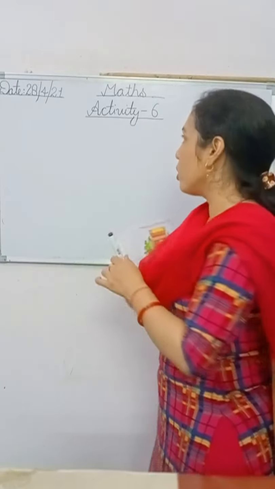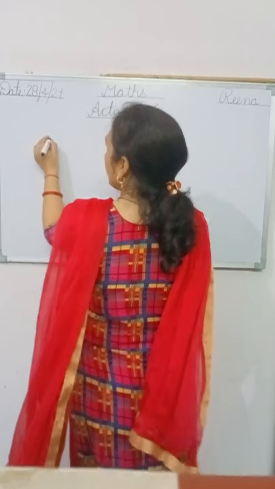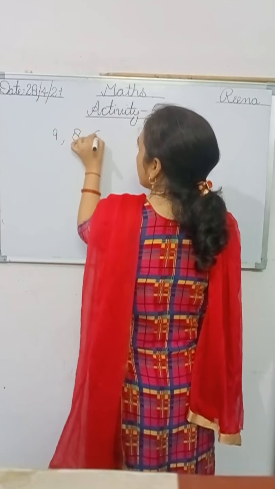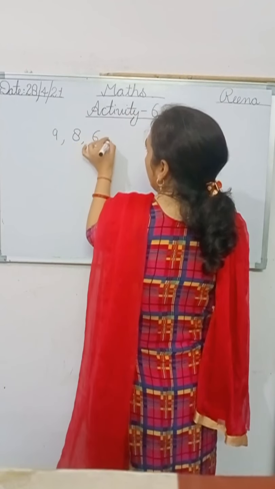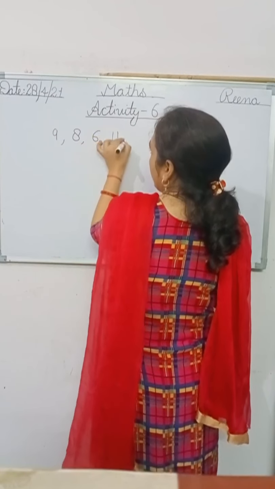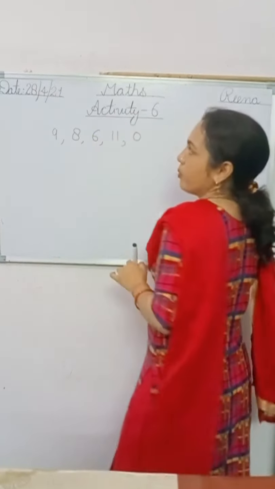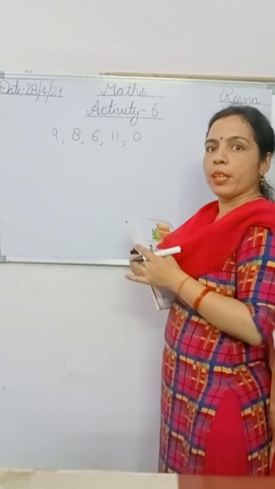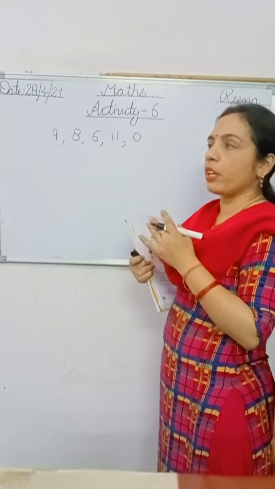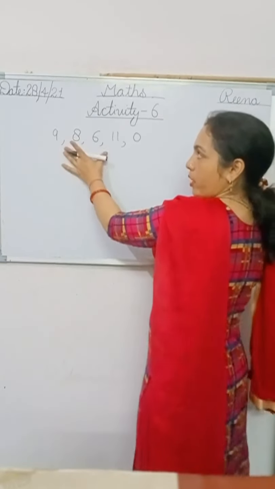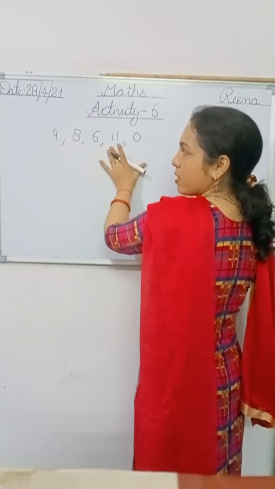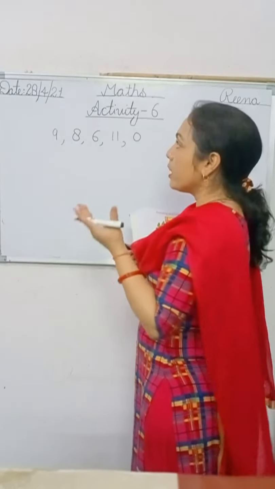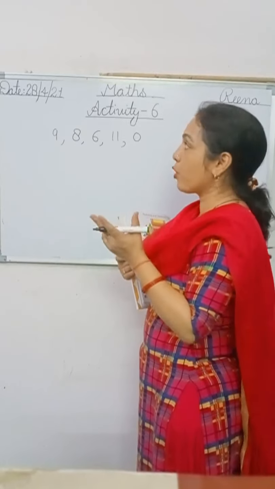Now, for example, let's say you have been given some numbers: 9, 8, 6, 11, 0. Then you arrange your numbers in ascending order. If you arrange your numbers in ascending order, then you start from which number?